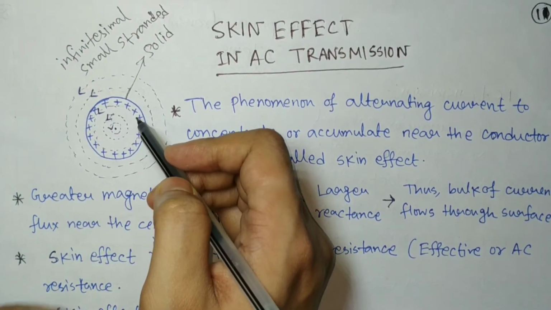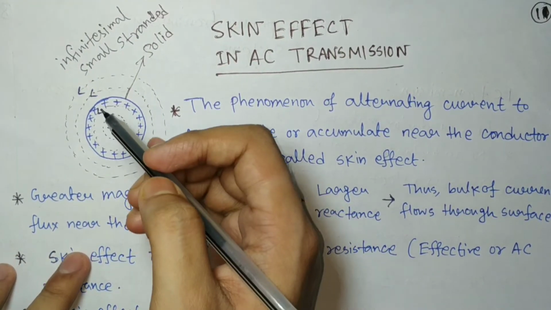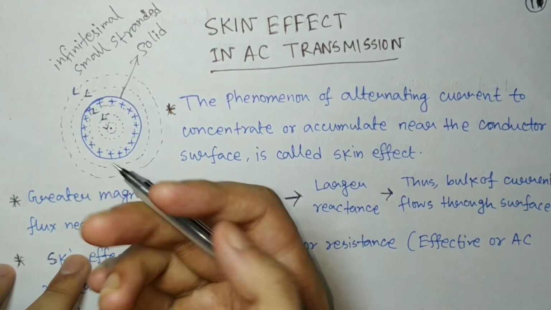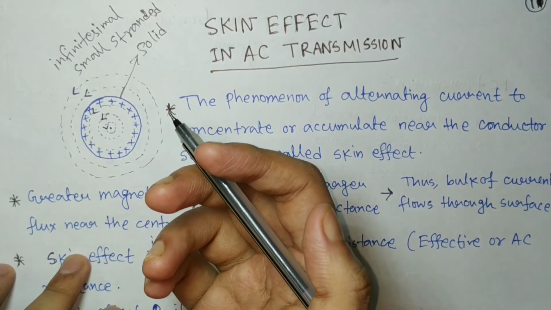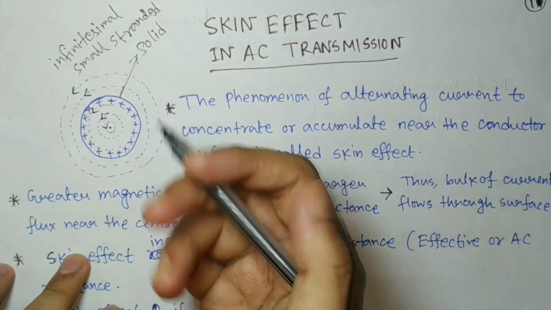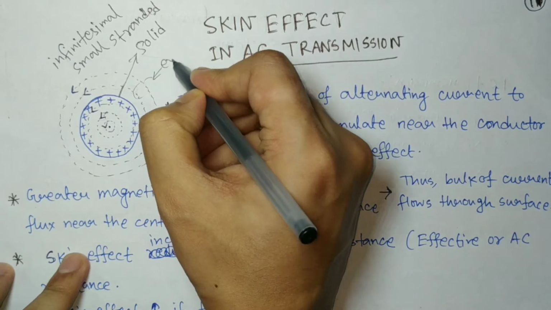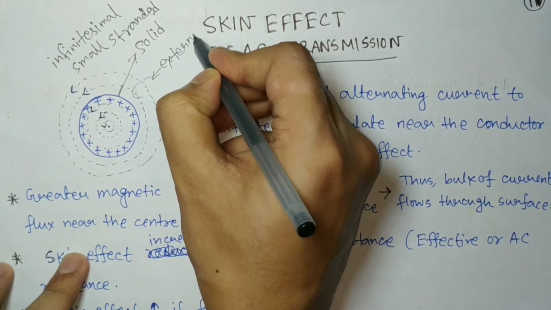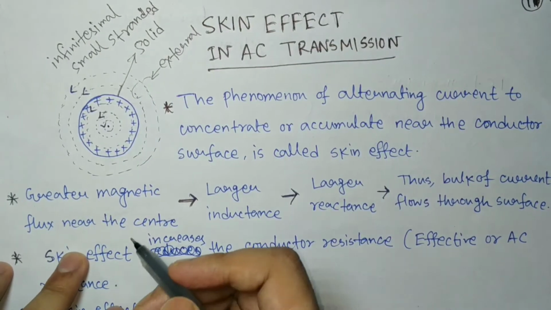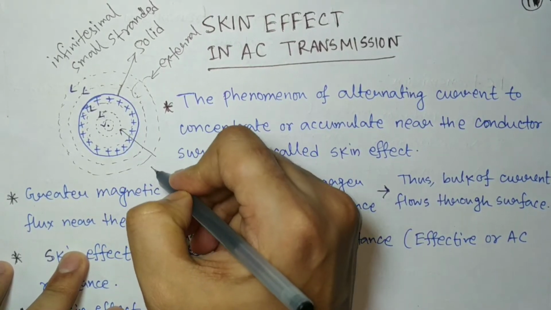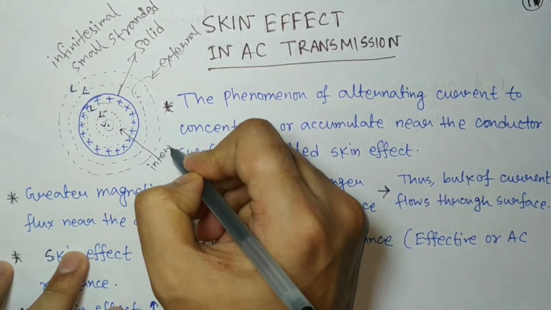Now we know that there are two kinds of fluxes available. One is called internal flux or internal magnetic field, and another is called external flux or external magnetic field. So these are called external magnetic flux, and these are called internal magnetic flux.